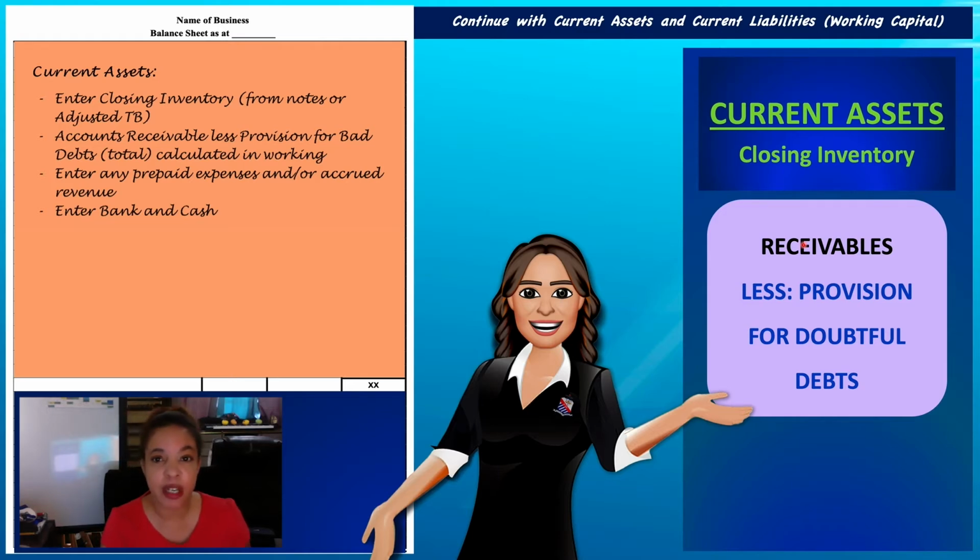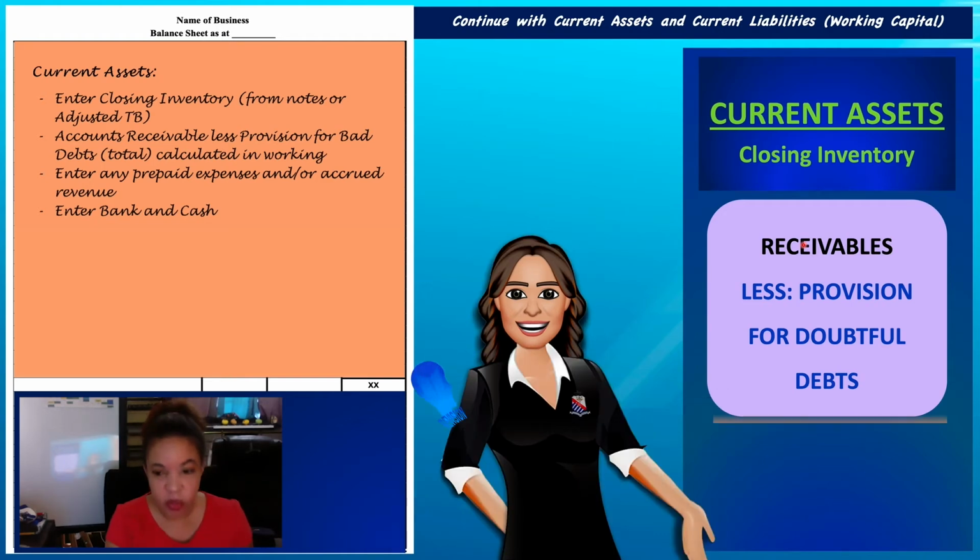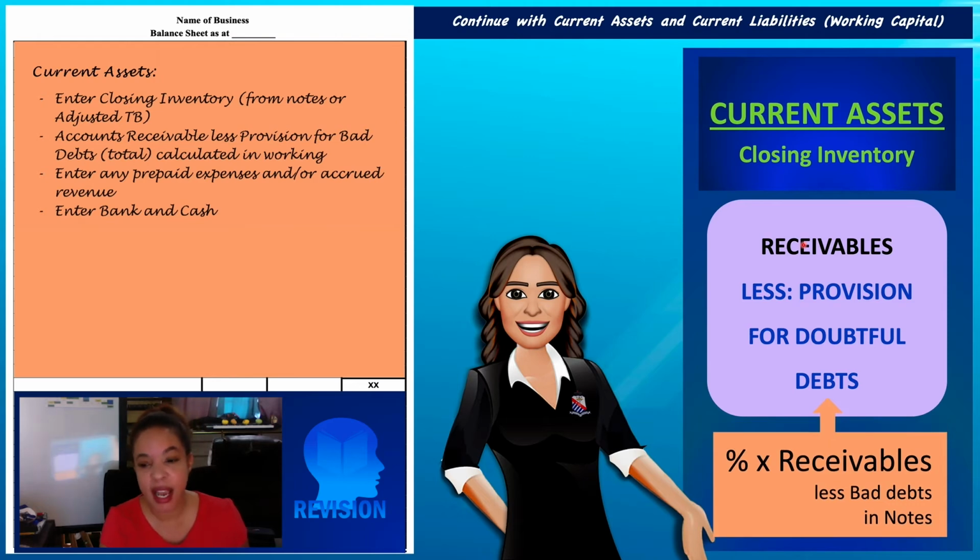You now have to account for your second adjusting entry, which would be your provision for doubtful debts. So your provision for doubtful debts, which was calculated as your percentage of receivables after any bad debts in the notes. Remember, we did that as well. You can go back and review that one as well.